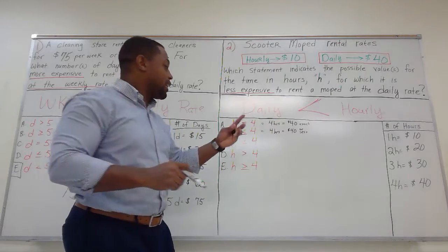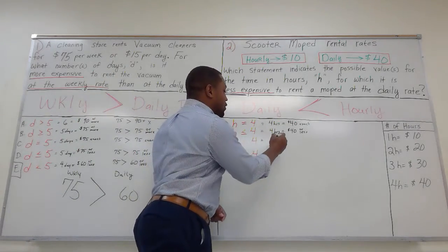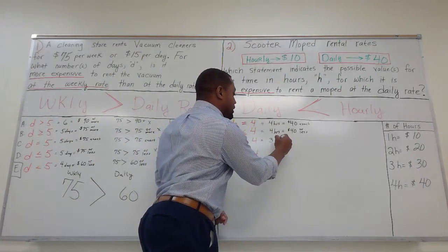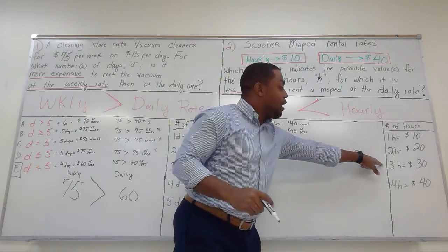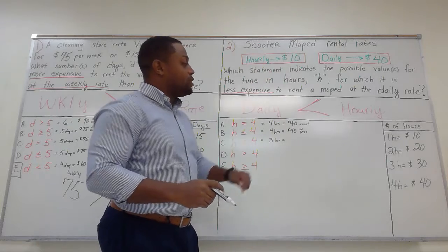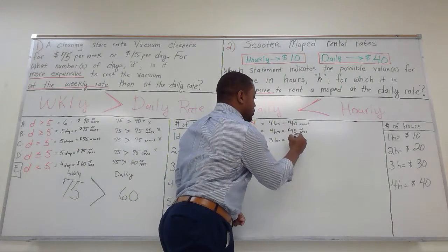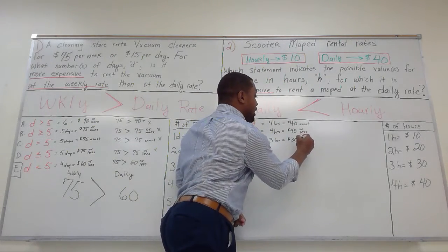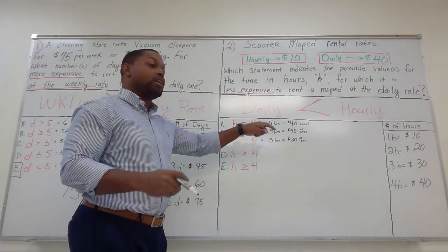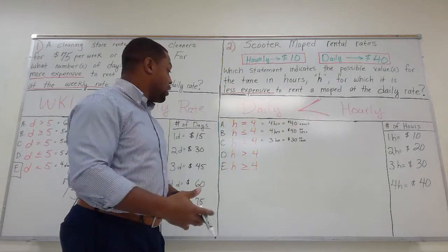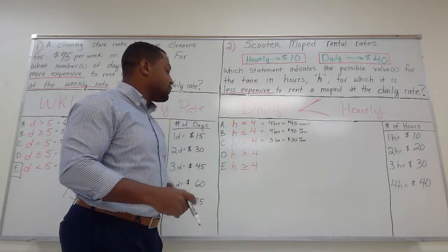Well, less than 4 cannot be 4. So at the very most, less than 4 has to be 3 hours. 3 hours at the hourly rate of $10 is $30 or less. Because less than 4 means it could be 3, it could also be 2, it could also be 1. All of those are less than 4.